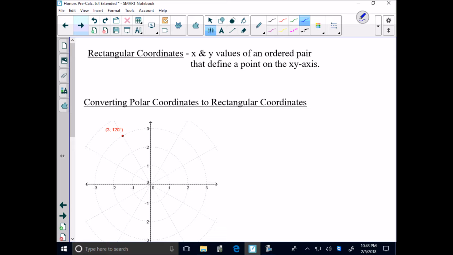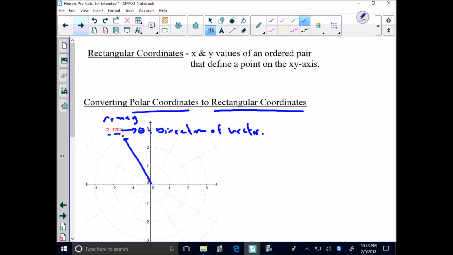So right here, I've got a point defined with polar coordinates, and we want to convert those polar coordinates to rectangular coordinates. We're going to extend a vector then from the origin to our point, right? And right here, the polar coordinates are really defining the magnitude and the direction of our vector. That r is actually the magnitude, and the theta is the direction of the vector.